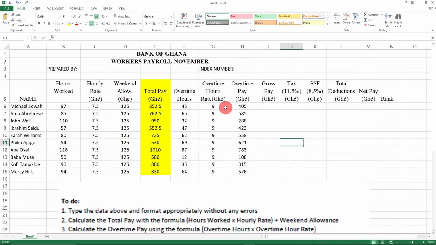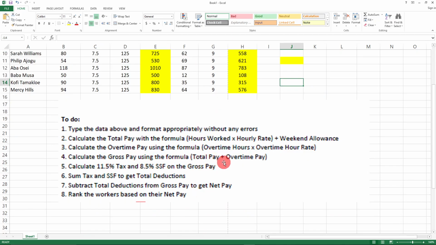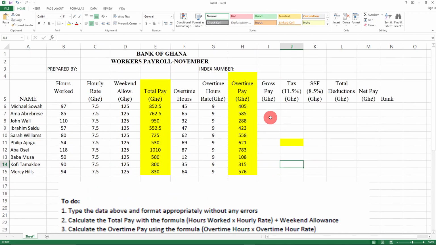Oh sorry, it's rather total pay plus overtime pay. This is overtime pay, so let me highlight it. So we are working with these two, total pay plus overtime pay. That's the gross.